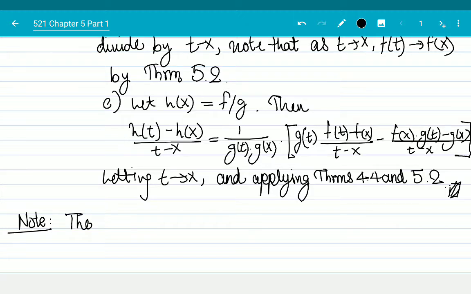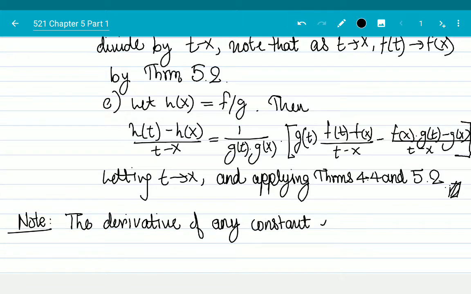Note the derivative of any constant function is 0.